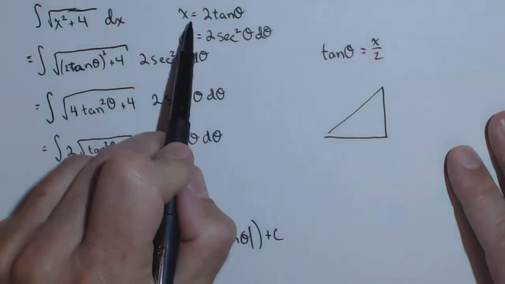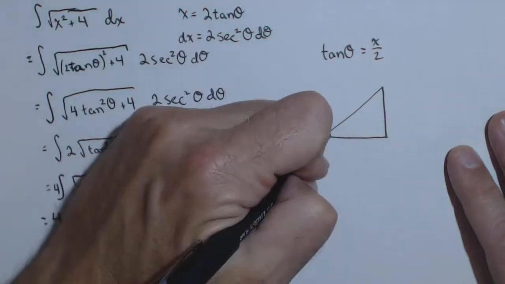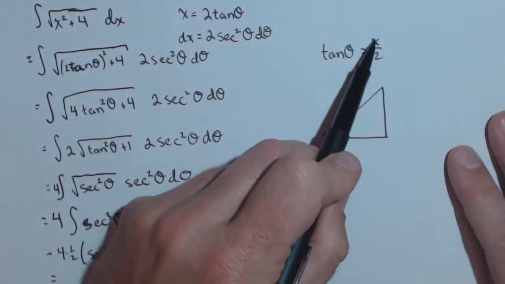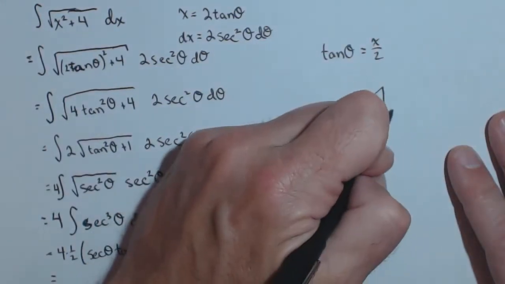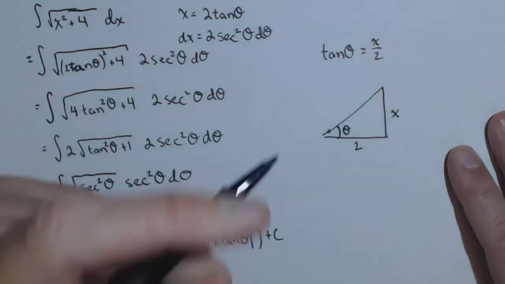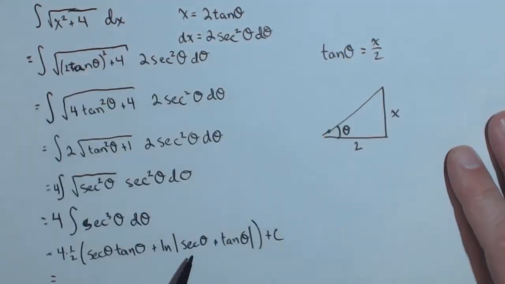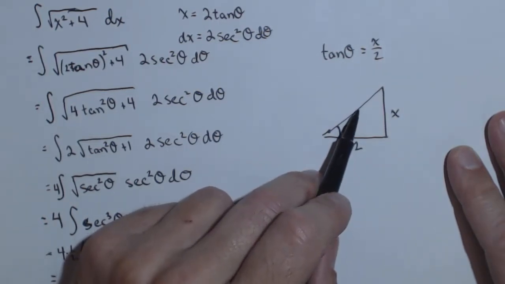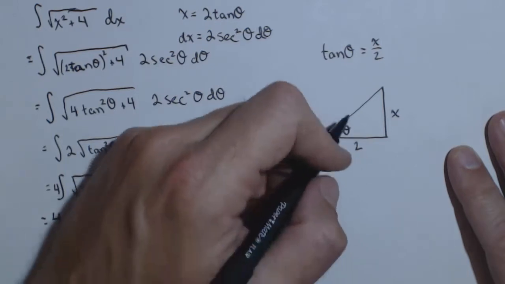All I did was divide this equation on both sides by 2. So I call this angle theta. Tangent relates opposite over adjacent. So x over 2. And we know tangent of theta, so we could actually fill that in pretty quickly. But we're going to need the hypotenuse for secant. So let's get the hypotenuse.